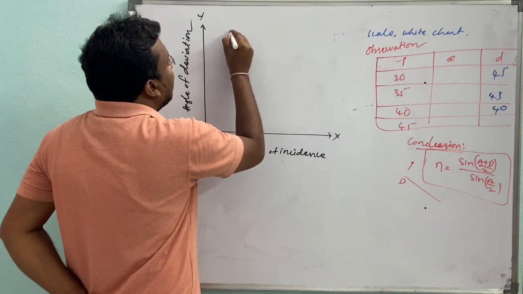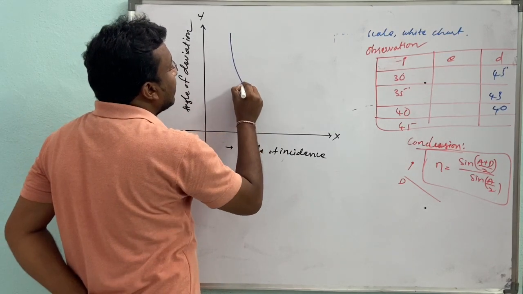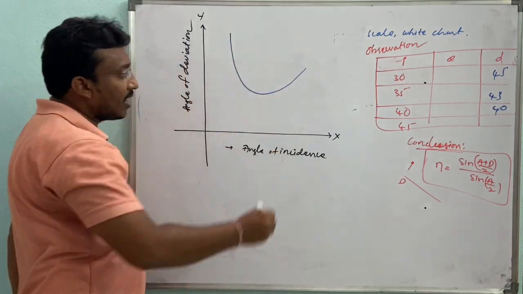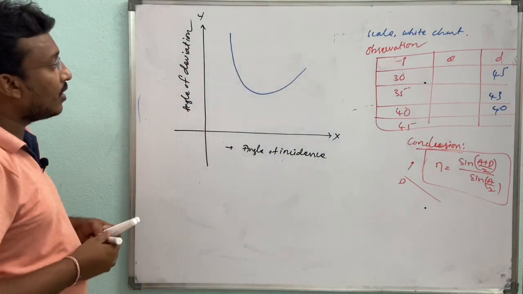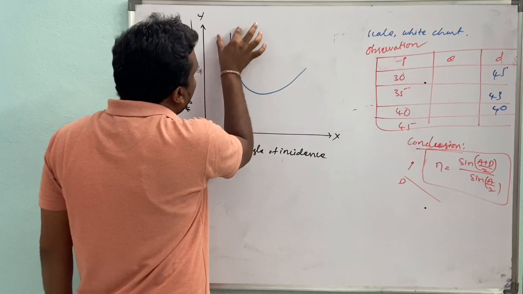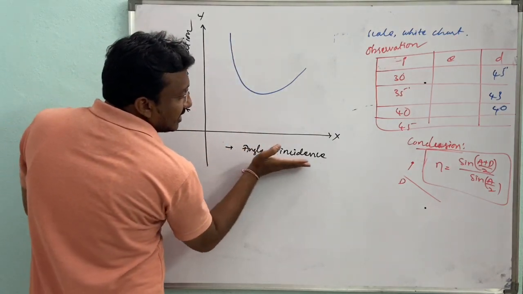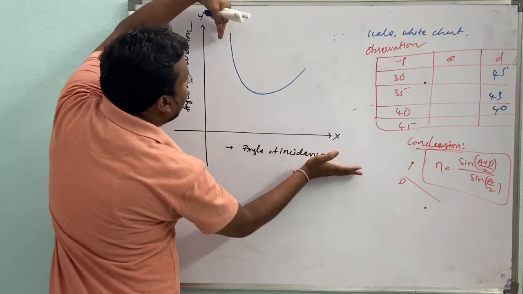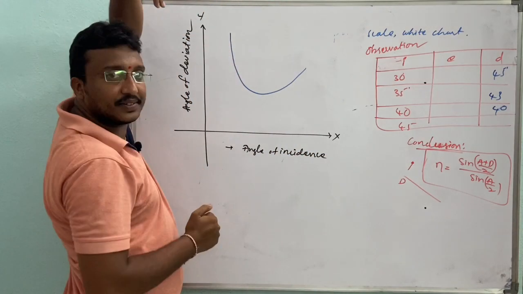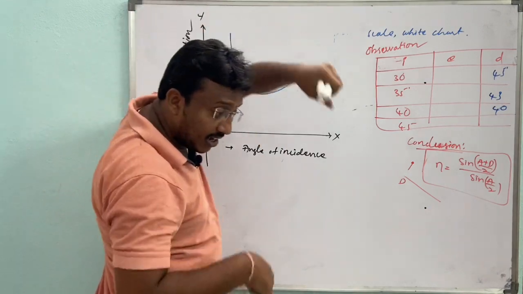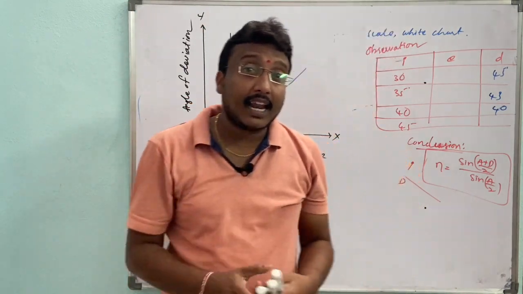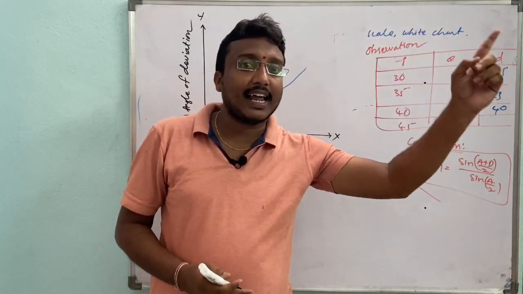Then you can notice that the graph looks like this. Got it? From the graph, how to notice it: when the angle of incidence increases, the angle of deviation decreases. In our last class we discussed that the angle of deviation depends on the angle of incident.